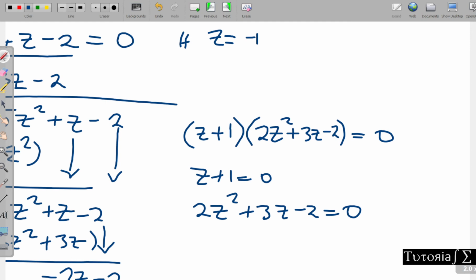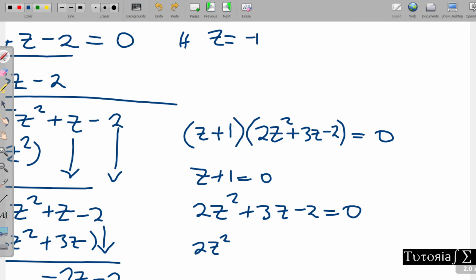So we're going to say 2z squared. Then what are we going to put here? We are going to put z minus z, I mean minus z. Sum is 3, product is negative 4.